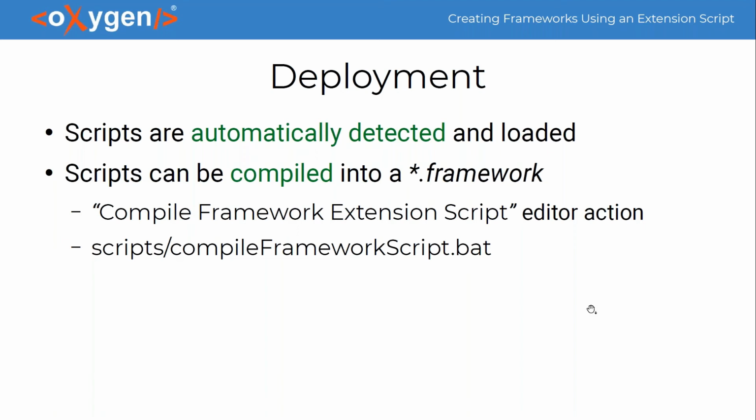And it makes sense with the command line script. Maybe if you have a continuous integration server that builds the Oxygen framework, you can use the script inside these continuous integration pipelines to get the framework that afterwards gets deployed to the entire team.